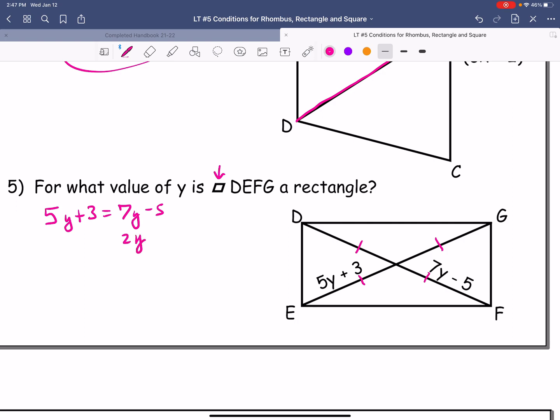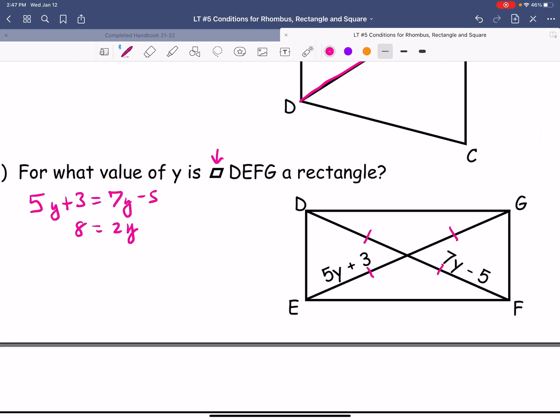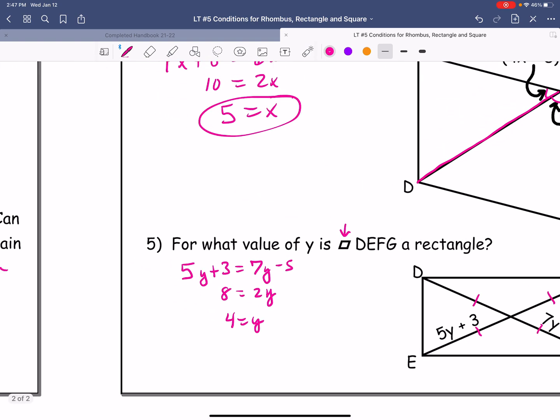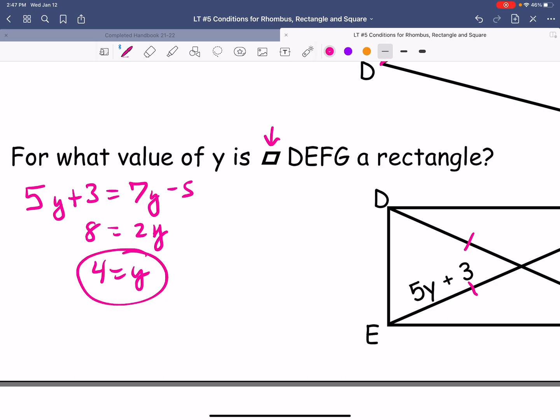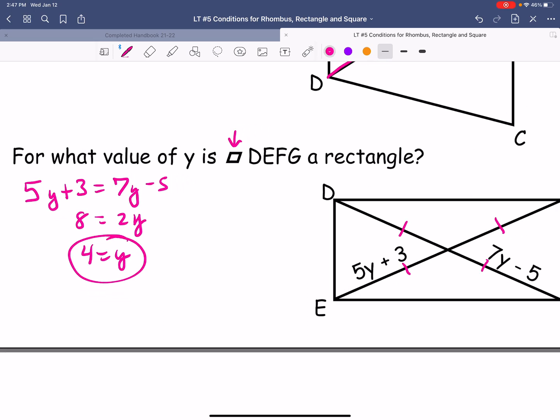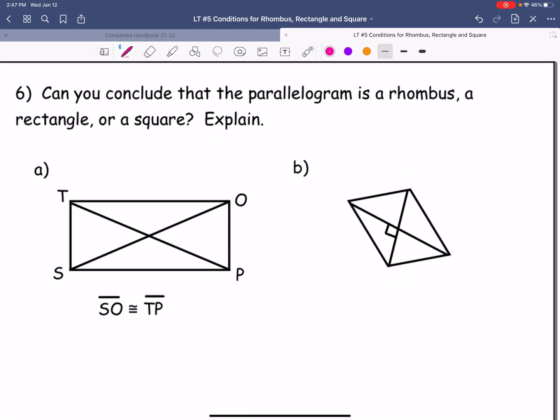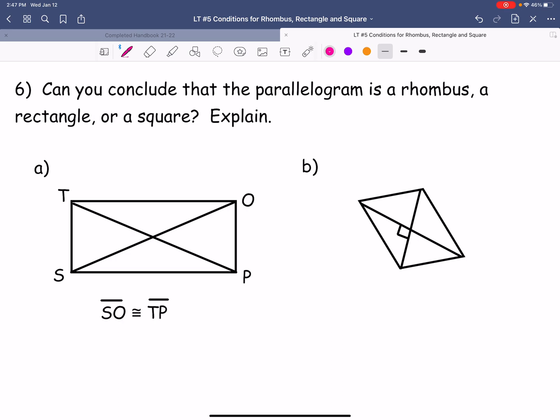So I get 2y, and I'm adding 5, I get 8. So this gives me 4 equals y. When y is 4, parallelogram DEFG is a rectangle. All right, pause the movie, try number 6 on your own, and then press play when you are finished.